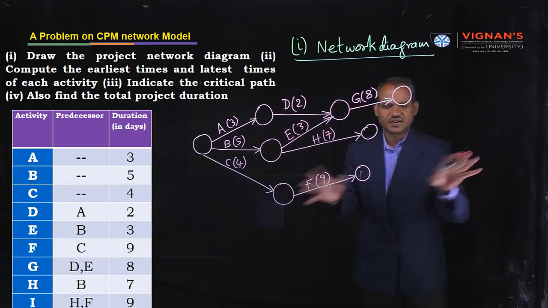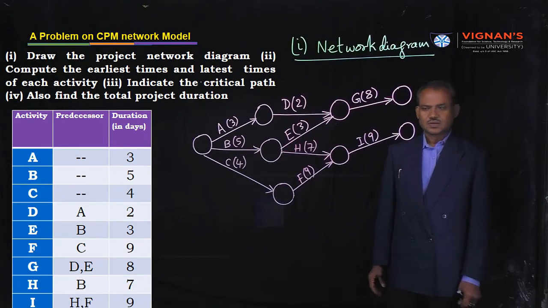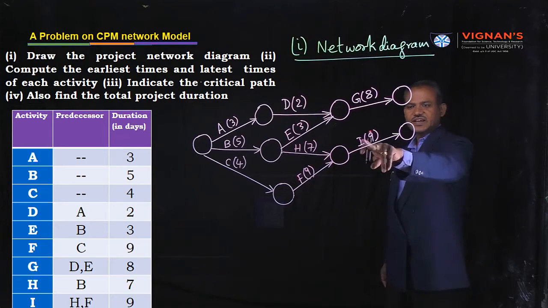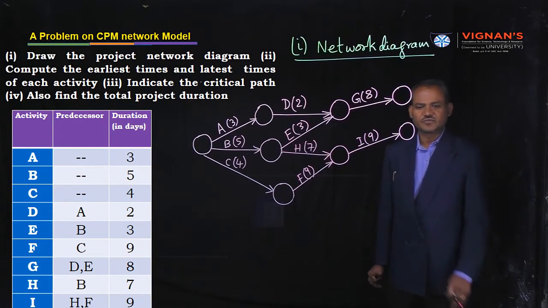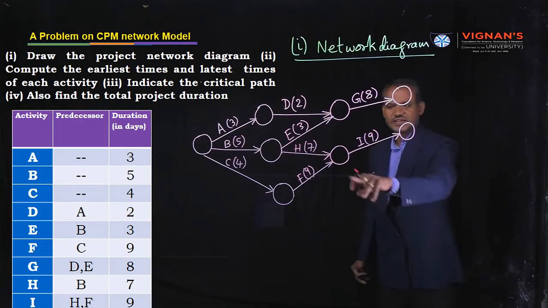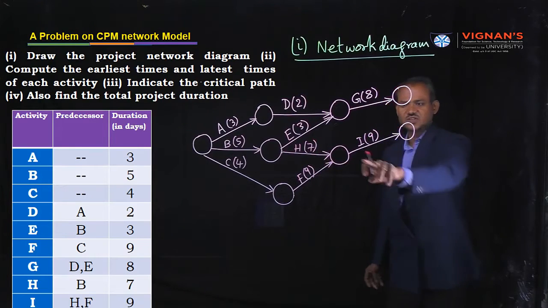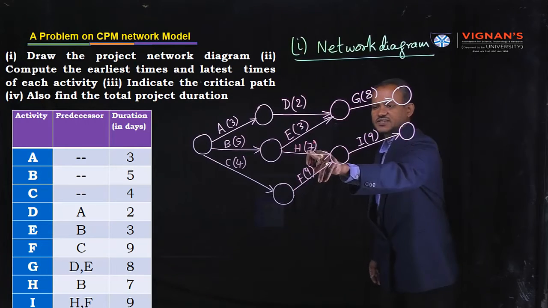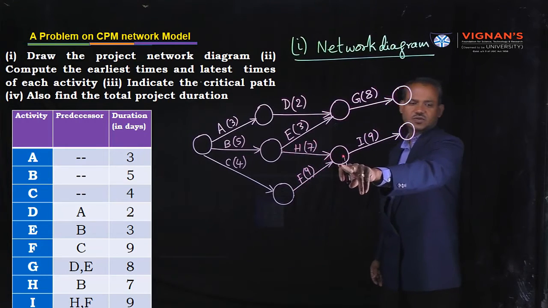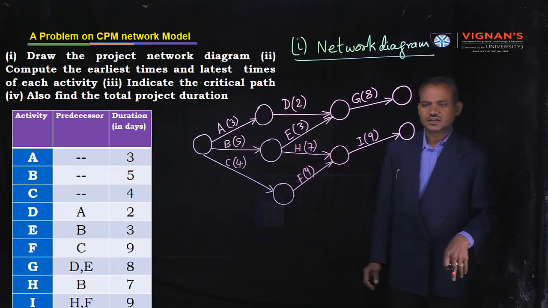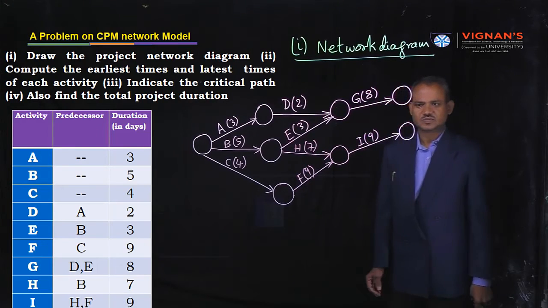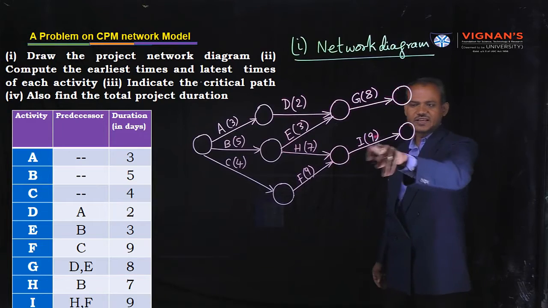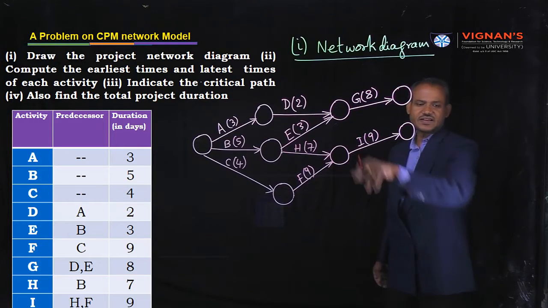Two nodes are not required. Okay. Last activity is activity I. Activity I can be started after immediate completion of H and F. So this is a logical diagram. That's why we have joined H activity and F activity to one ending node, that becomes the beginning node for activity I.